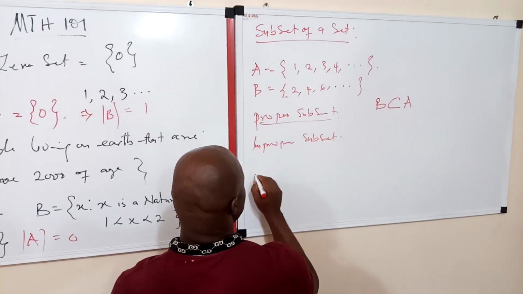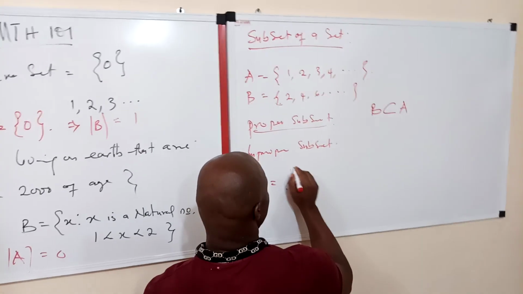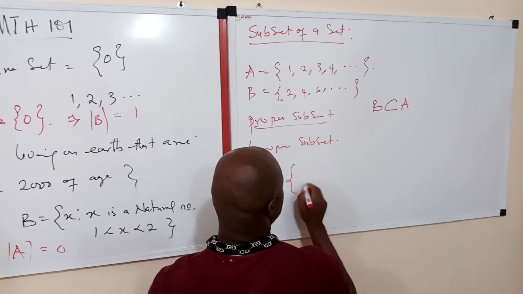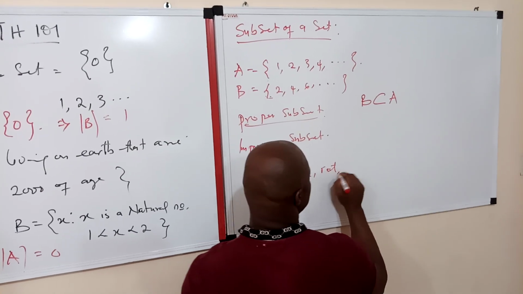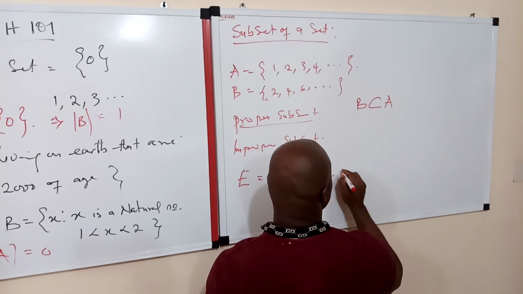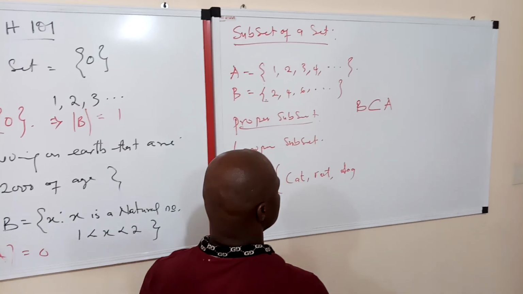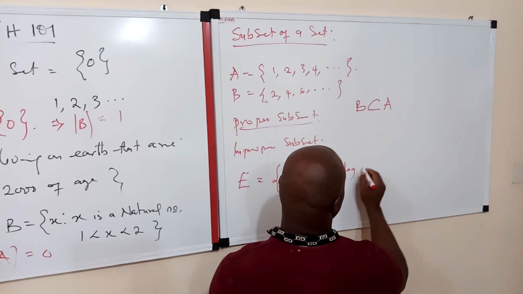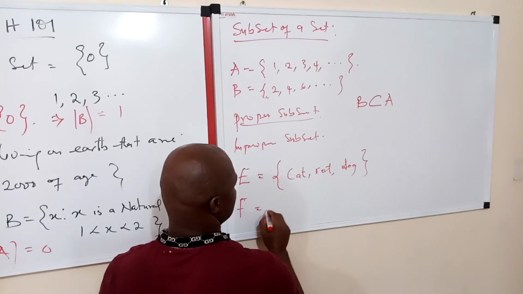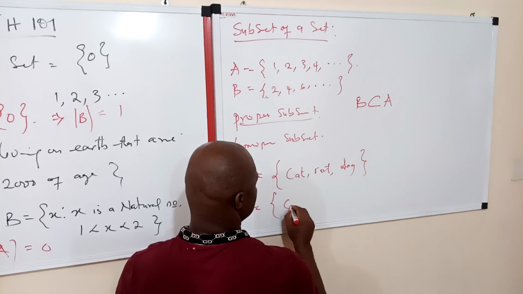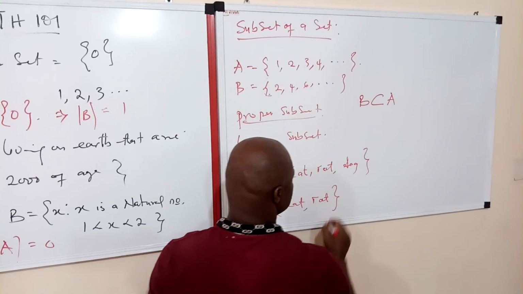Now let's consider another one, say a set E, where its elements are names of animals, say cats, rats, dog. Let's consider another set, say F, where its elements are cats, rats.